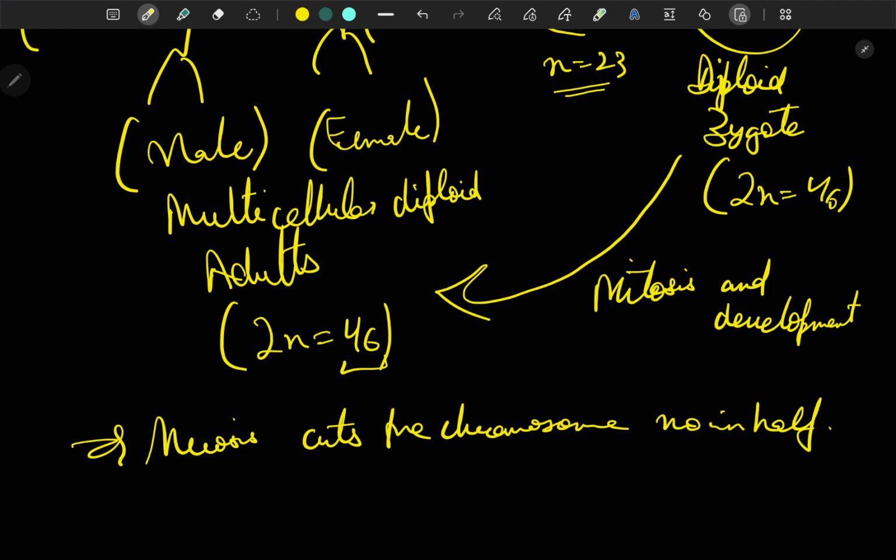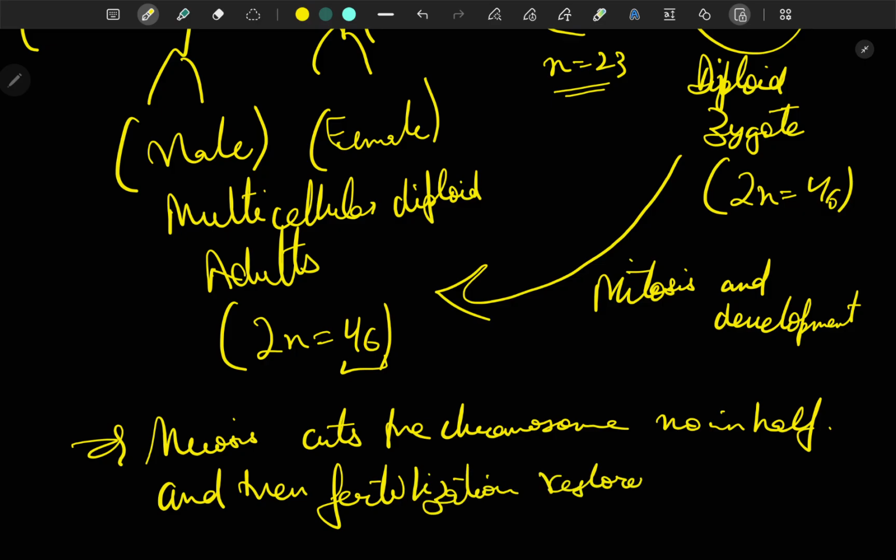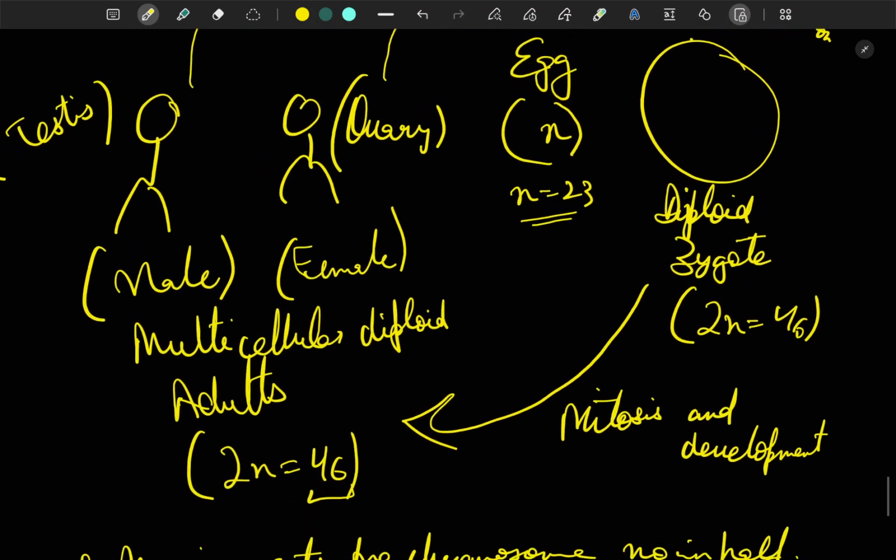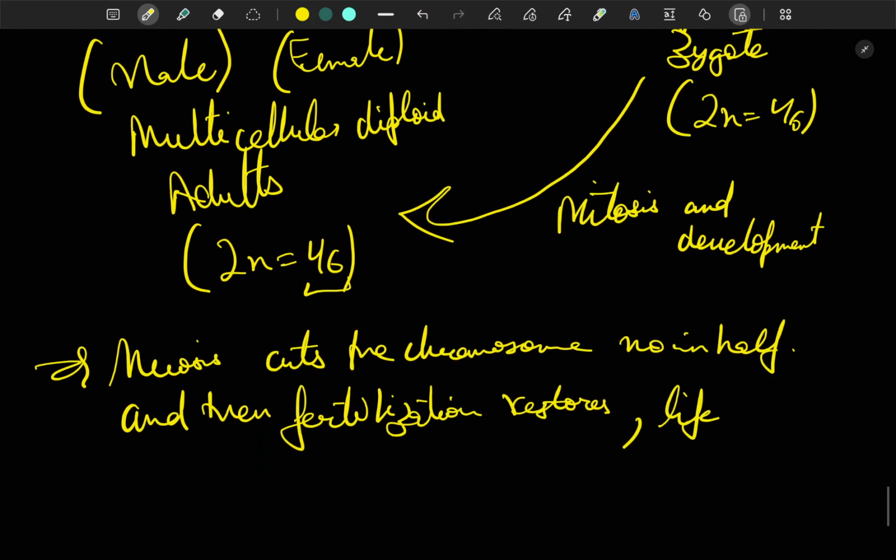It restores it, resulting in the formation of the zygote. Then the zygote goes through mitosis and develops into a single adult. And then the life cycle continues from adults to gametes, gametes to zygote, zygote to adults again. The cycle continues.